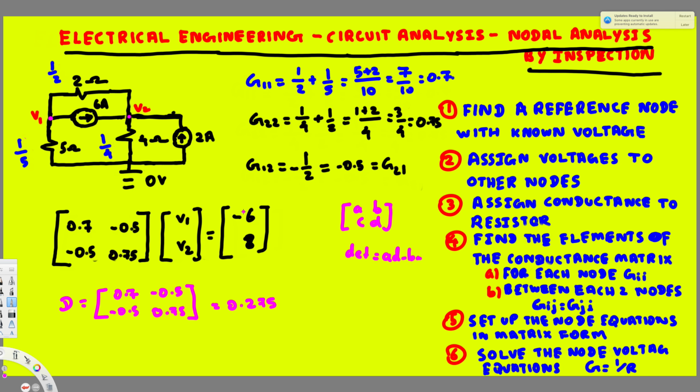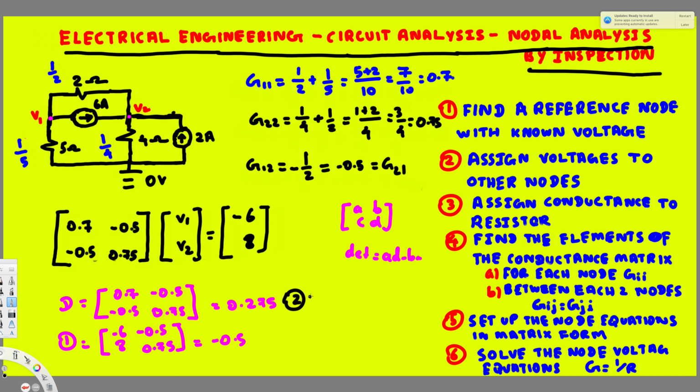Now let's find the determinant after swapping, first with the first column. You're going to have minus 6, 8, and on the other side minus 0.5, 0.75, and if you do the determinant, you're going to have negative 0.5. Now we are going to swap with the second column and find the determinant.